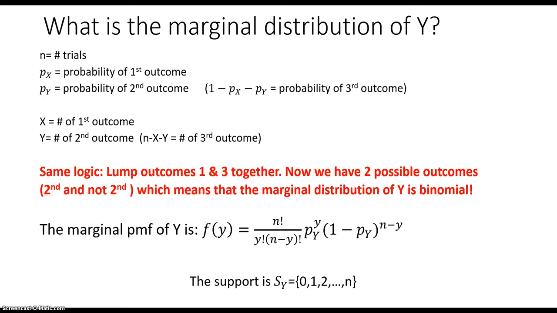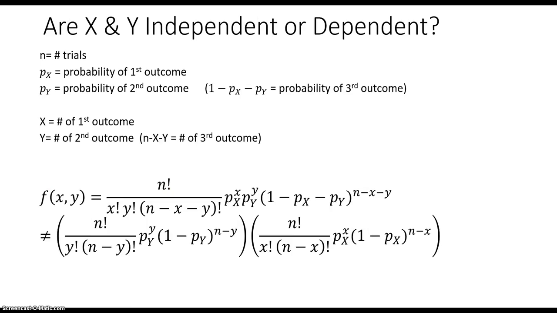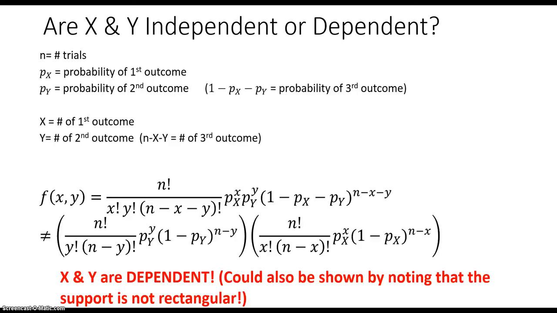The last thing I want to think about is whether x and y are independent. If we look at the joint probability mass function, we can see that it is in fact not equal to the product of the 2 marginal distribution functions, which means that x and y are dependent.